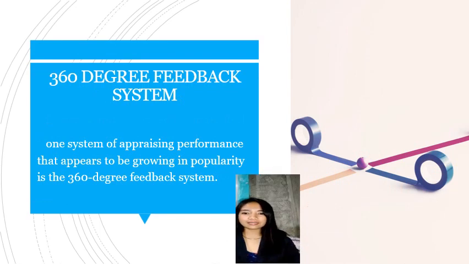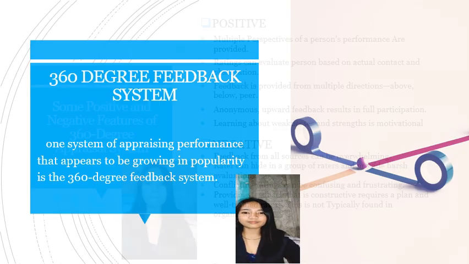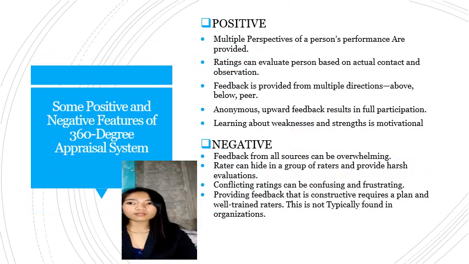360-degree feedback system. One system of appraising performance that appears to be growing in popularity is the 360-degree feedback system. Some positive and negative features of the 360-degree appraisal system. Here are the positives. Multiple perspectives of a person's performance are provided.